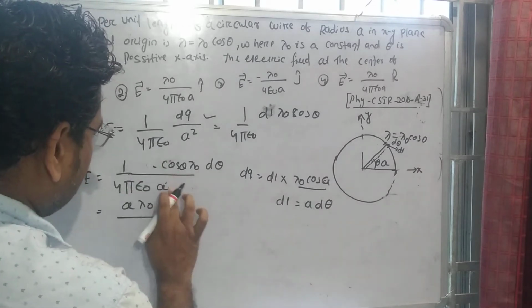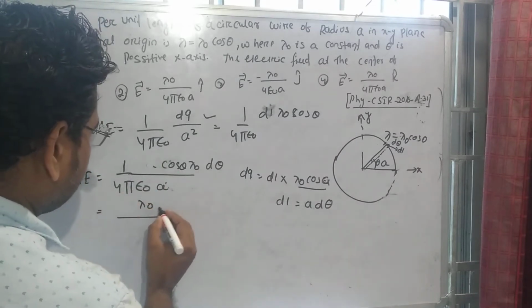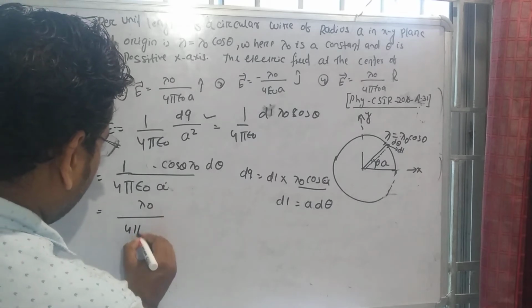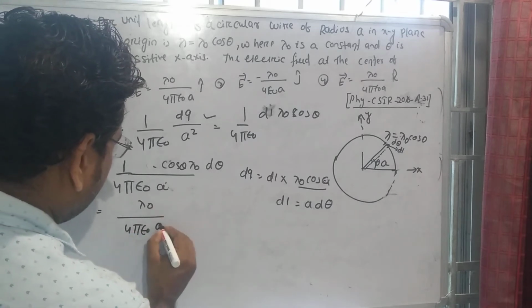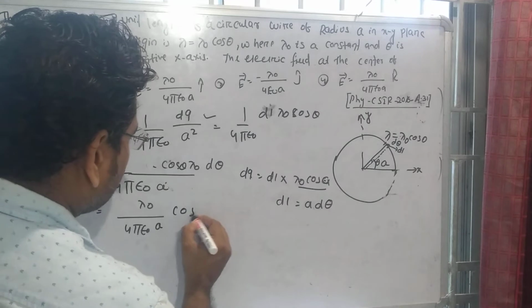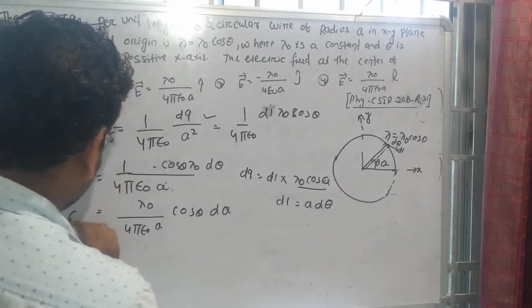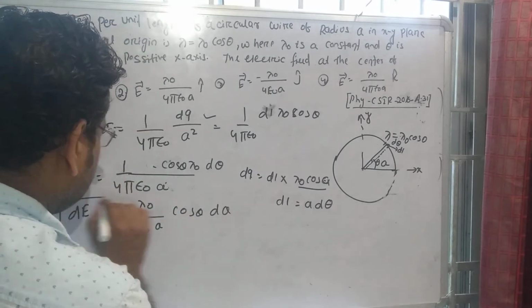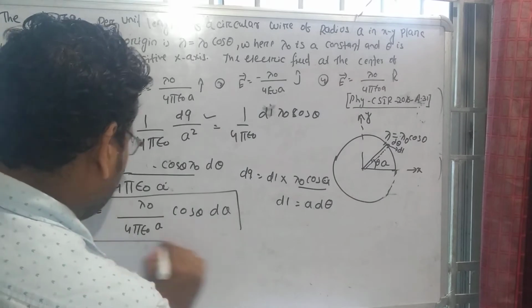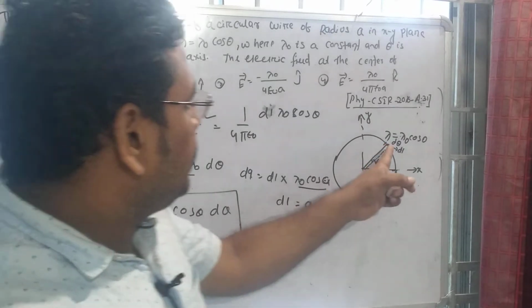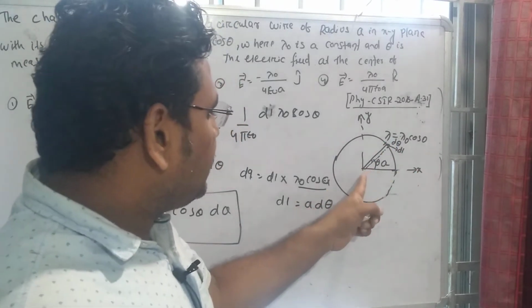One a will be cancelled out, so this becomes lambda 0 by 4 pi epsilon 0 a times cos theta d theta. So this is the electric field due to the small elemental length at the center.